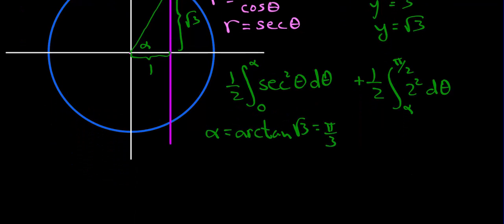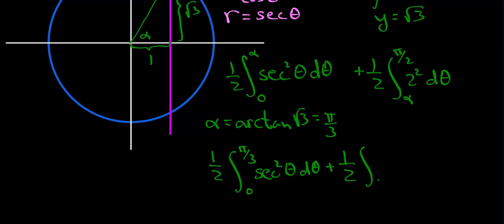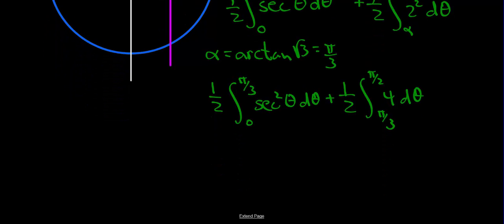So here's what we have. We have 1/2 integral from 0 to pi over 3 of secant squared theta d theta. And then over here we've got 1/2 integral from pi over 3 to pi over 2 of 4 d theta. And then it's just a matter of getting the antiderivative.